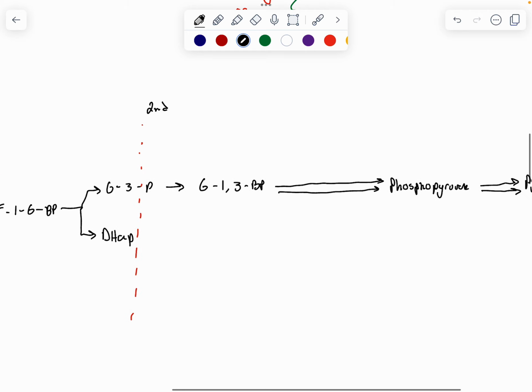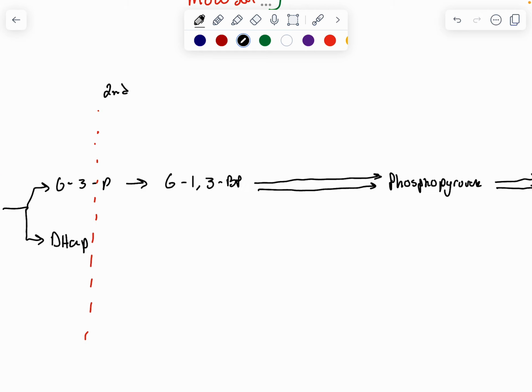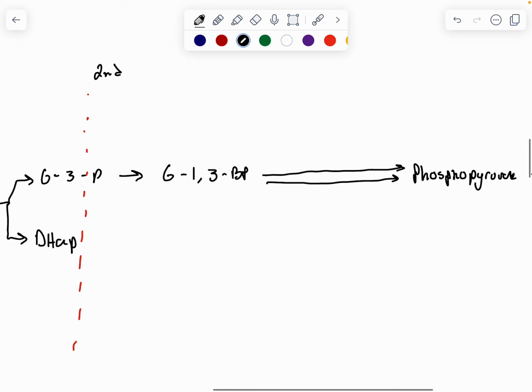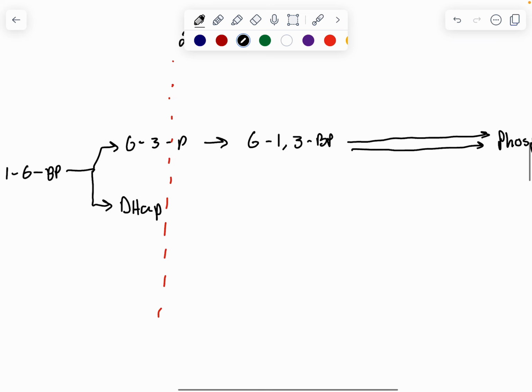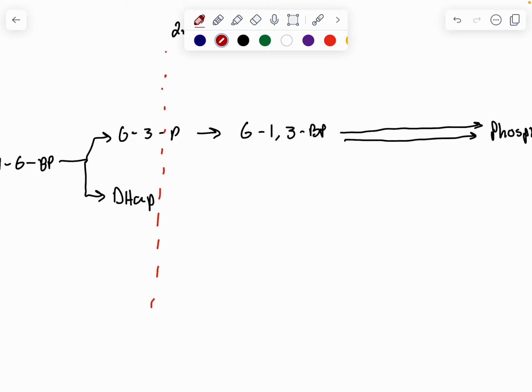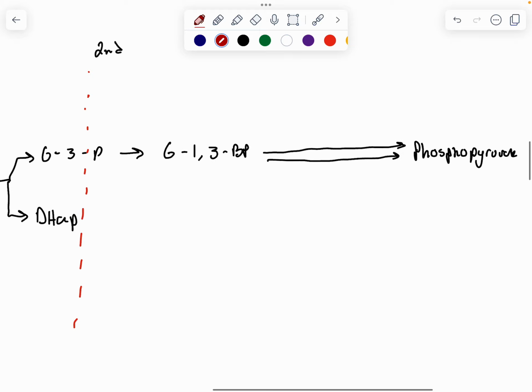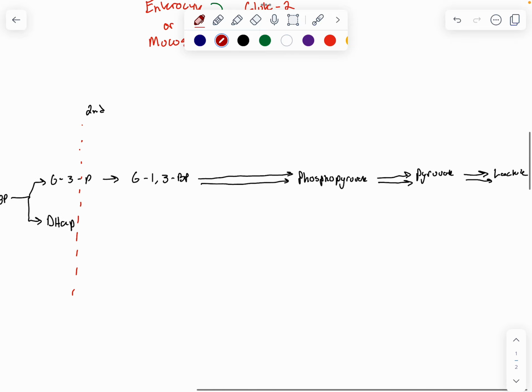So G3P will eventually turn into G13 biphosphate. We'll continue down going to phosphopyruvate and pyruvate.